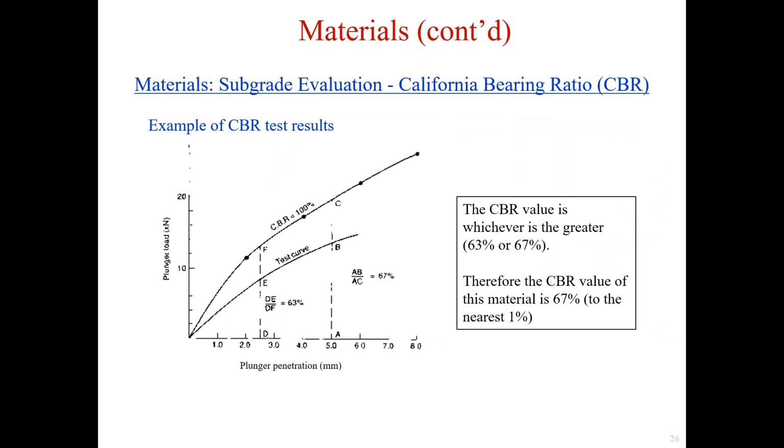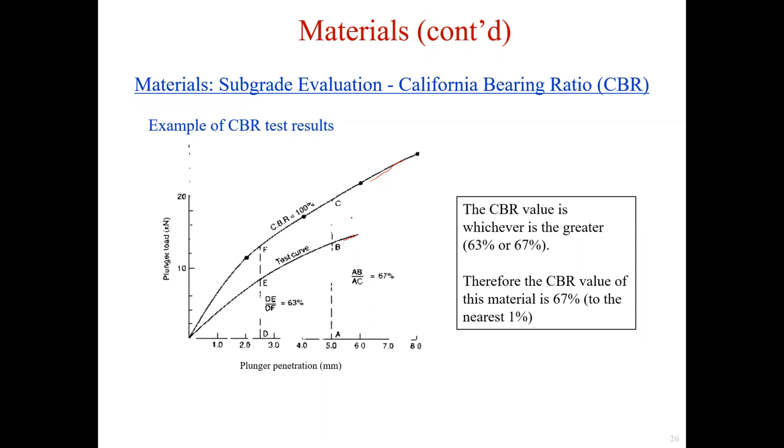This figure contains example CBR testing results. So in this figure, the top curve, this one, is the curve for standard soil or crushed rock, for which the CBR is 100%. The below one is the curve of the lab testing on site sample.